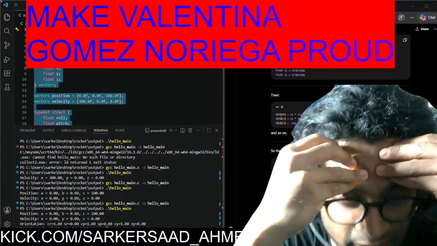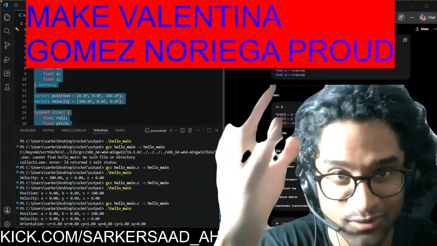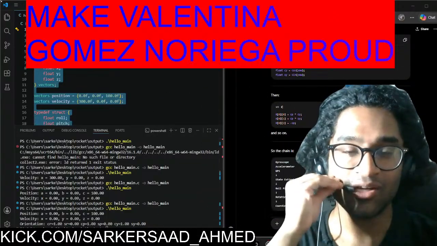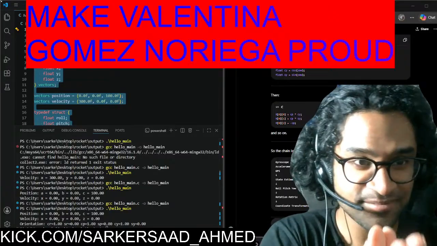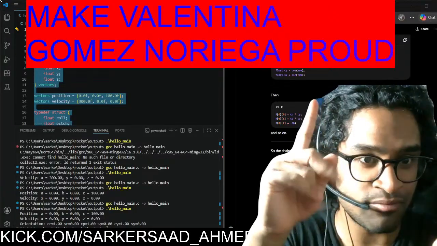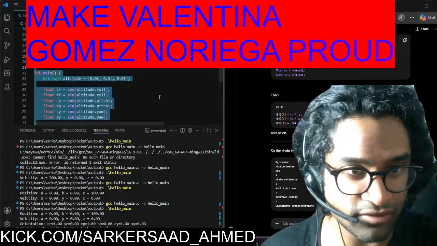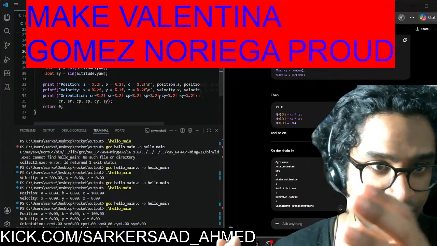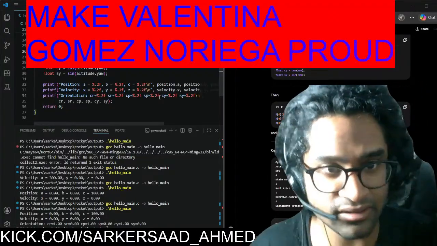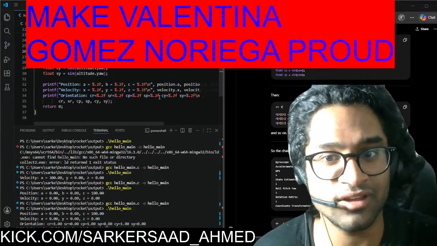Wait, oh man, wait. Nothing's making sense. I got the float angles for my position and velocity. I got the float angles for my cosine and sine for roll, pitch, and yaw angles. I output the values.